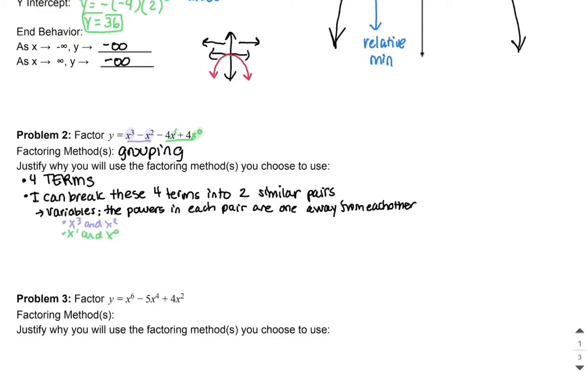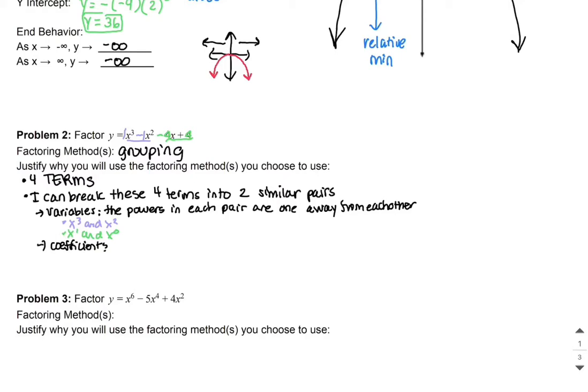The other similarity between these 2 groups is if I look at their coefficients, the other thing that makes up the terms. In the first pair, the first coefficient is 1 and the second coefficient is -1. In my second pair, the first coefficient is -4, and the second coefficient, which is technically a constant, is 4.